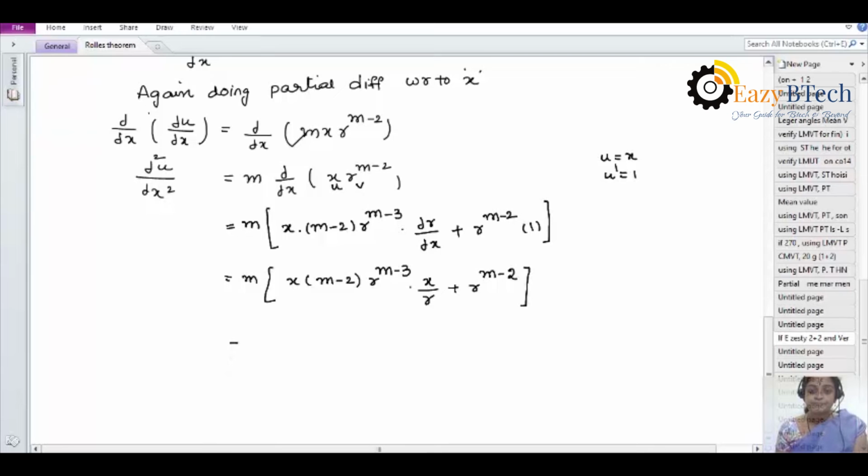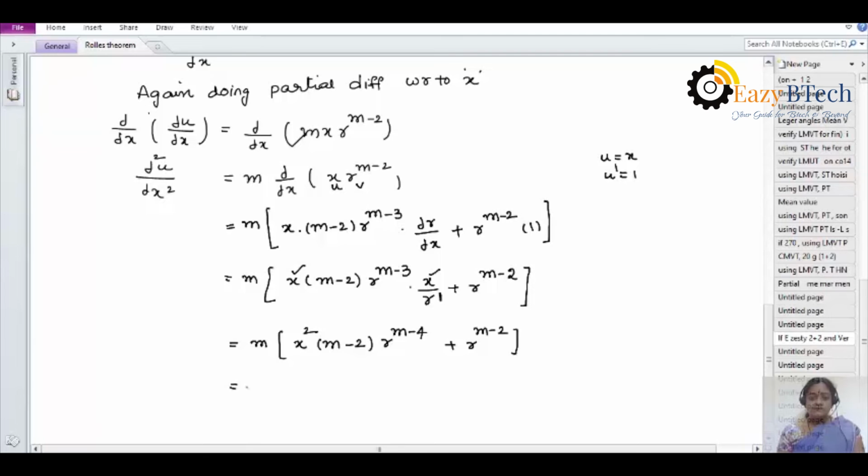r power m minus 2. And m into, here one x is there and one more x is there. That means x square and m minus 2, and r power m minus 4 plus r power m minus 2. So how will we get r power m minus 4? Here r power 1 is there and it comes to the numerator, becoming r power minus 1. Then r power m minus 3 minus 1 becomes r power m minus 2.